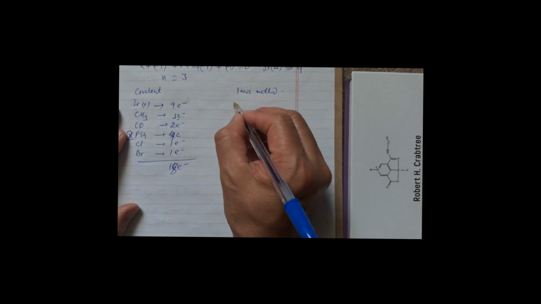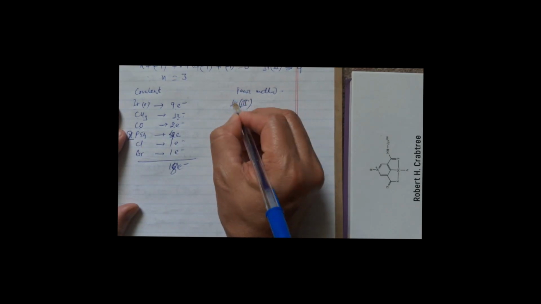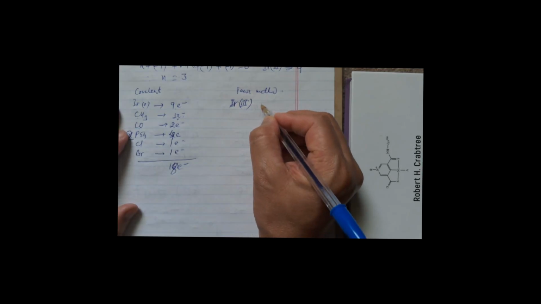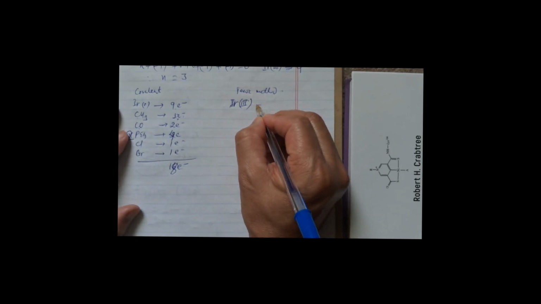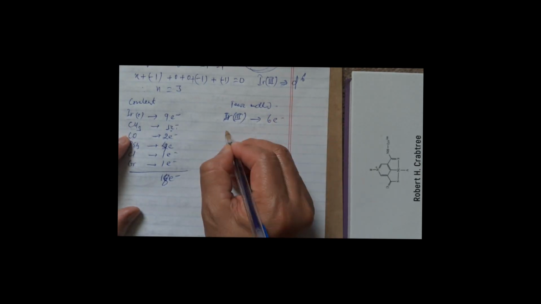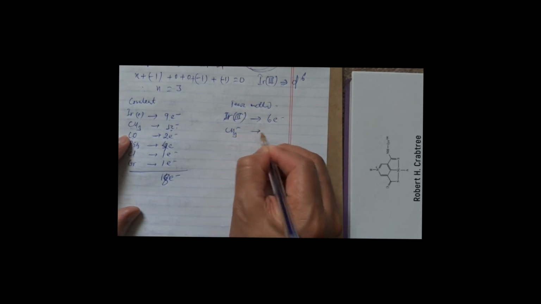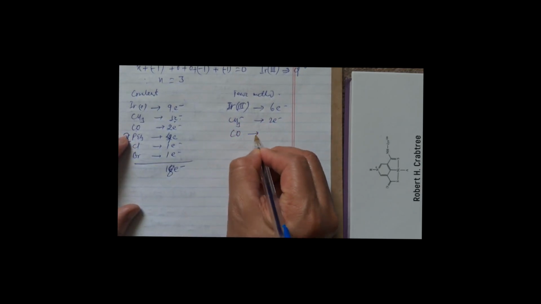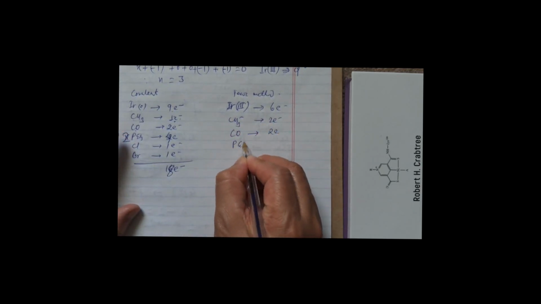So let's go for the ionic one again. Once again, if you consider the ionic, you need to consider the charge and the oxidation number. So 3 means 6 electrons. For CH3, you need to have 2 electrons because now we're considering the charge as well. Carbonyl is a neutral one, so no need to worry about this.